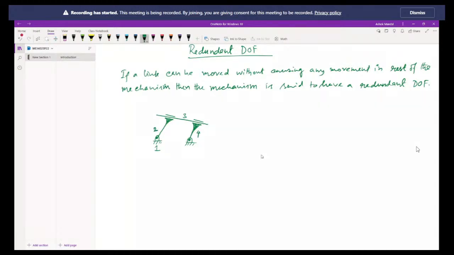Now in this case, if you apply the formula which we have already derived, 3 into n minus 1 minus 2j minus h. How many links are here? 4. How many simple joints are there? 4. How many higher pairs are there? 0.